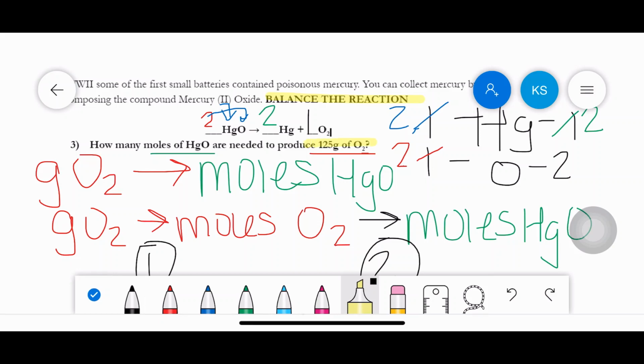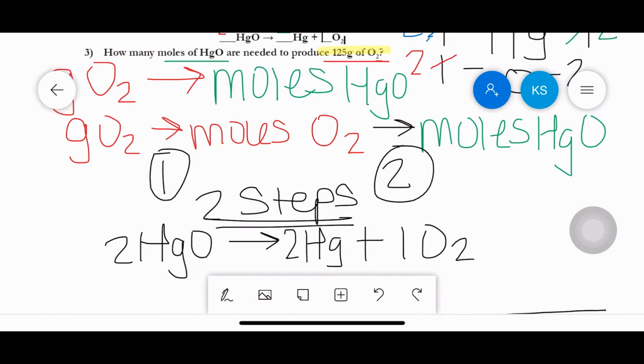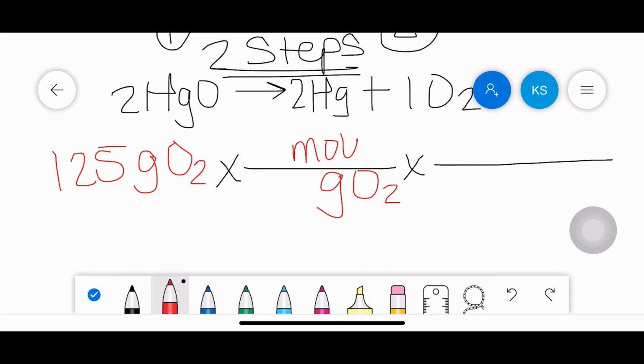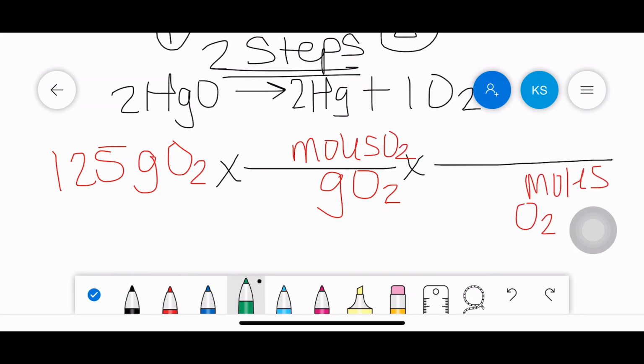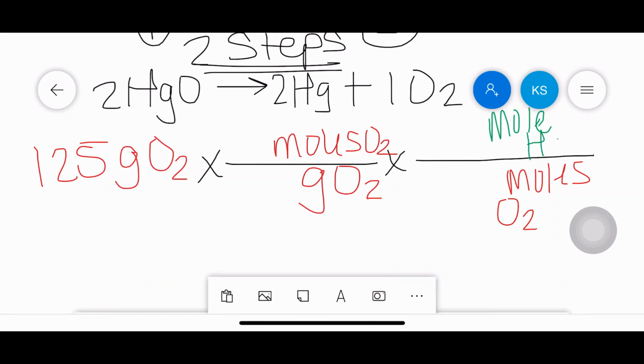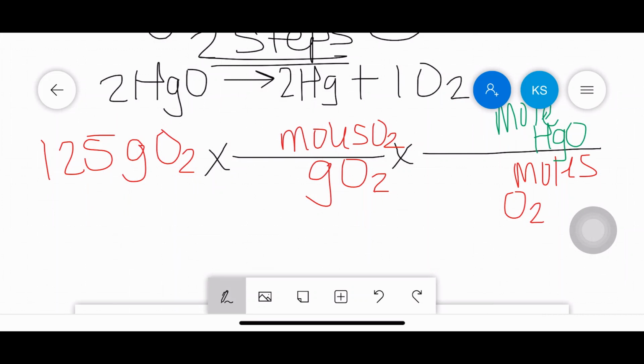All right, so now that we have our equation balanced, the next step is to set up the stoich and just kind of figure out what parts of the problem that we need to be working on. So we're trying to find how many moles of mercury 2 oxide are needed to produce that 125 grams of oxygen.